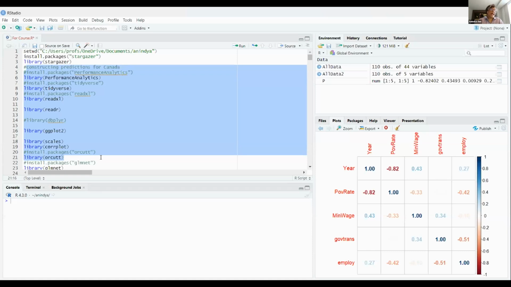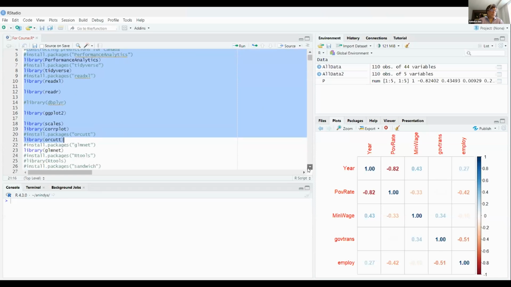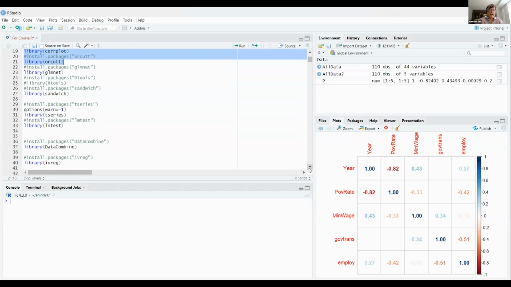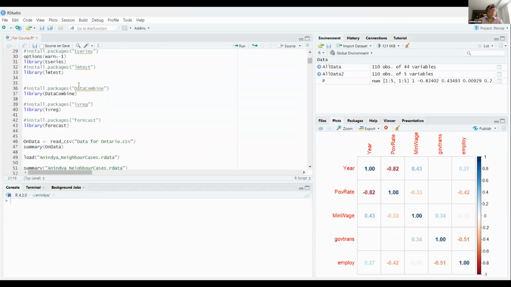So what you have to do is, I've already loaded them up, but when you see something like library here or install, that tells you that I've loaded a functionality which then allows me to do the calculations. Okay, so that's what the logic is.